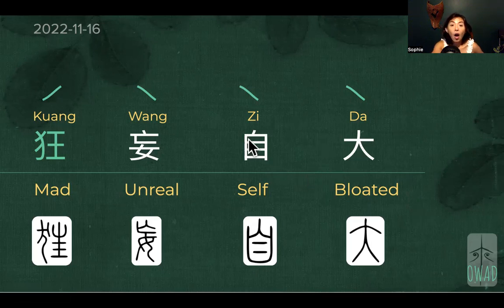But in this context, 自大 is bloated. It's bigger than what it really is. It's self-sensed bigness, right? Self-sensed how grand you are. So in a way, it's like overconfident. So I translate it as bloated instead of big. It's like oversized, perceptibly oversized.